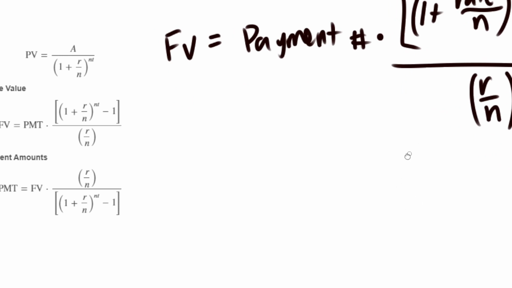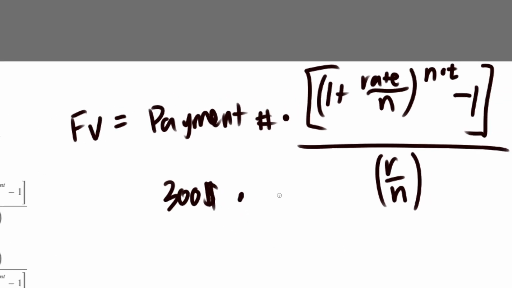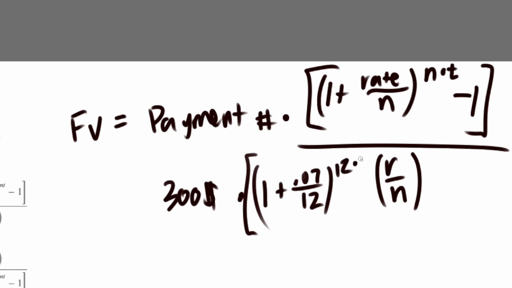So, when we're talking about future value, typically what it's talking about is, you have a payment, you are trying to save for retirement or something, and you want to know how much money you'd have in your retirement account if you put in, say, $300 per month. So you'd put $300 times 1 plus let's say you have a rate of 7% again, which I feel like is crazy, divided by 12 to the 12 times, let's say 35 years.